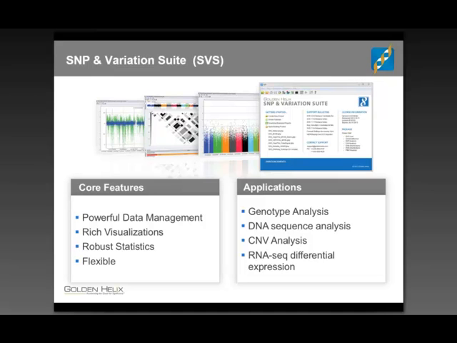And we continue to advance our capabilities in both the GWAS and the DNA sequencing worlds, and we try to adopt the best practices methods and bring those into SVS to make sure that our researchers and users have the best and most widely used tools today.